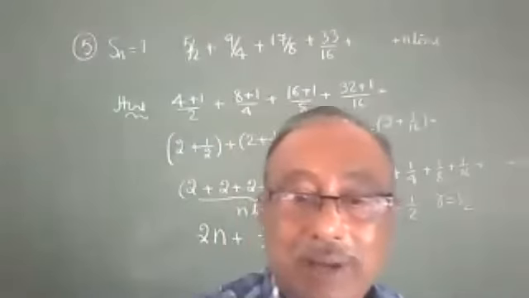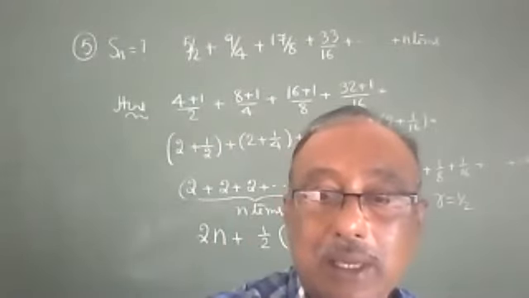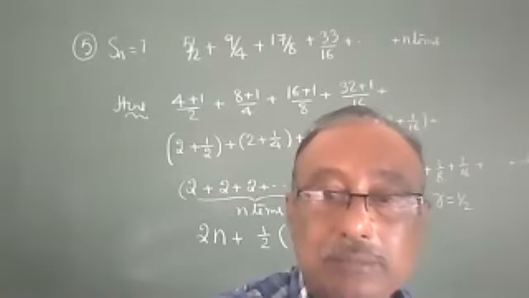Is it clear, everyone? A is 1 by 2. Right.